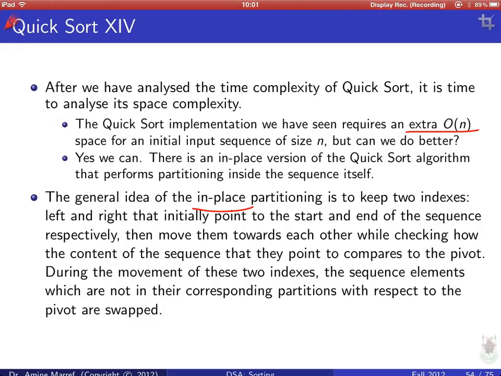So the idea of in-place quicksort is the following. If we remember how quicksort works, quicksort partitions the sequence recursively. We first start with the initial sequence and partition it into two parts with respect to the pivot.